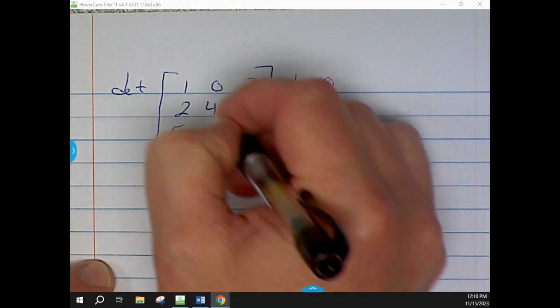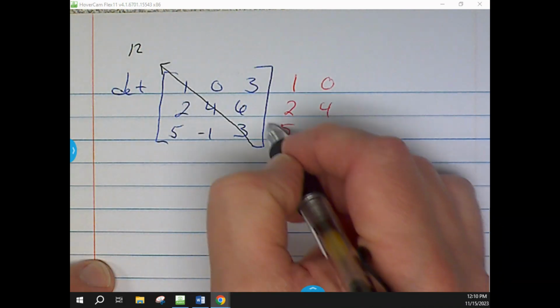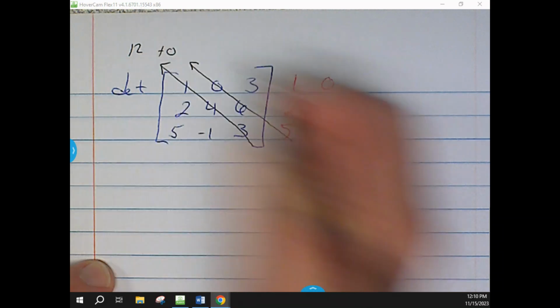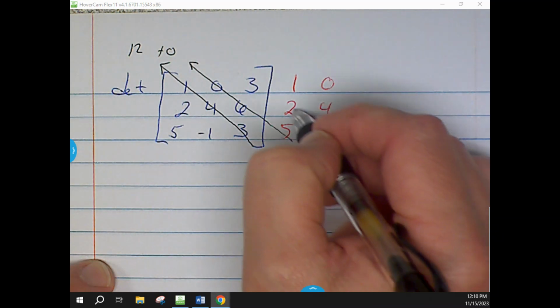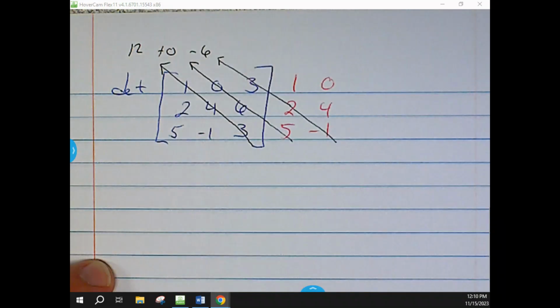It's 4 times 3 times 1, which is 12. 5 times 6 is 30. Zeros are nice because if we do 30 times 0, that's still just 0. And then we've got -1 times 2 is -2 times 3 is -6.